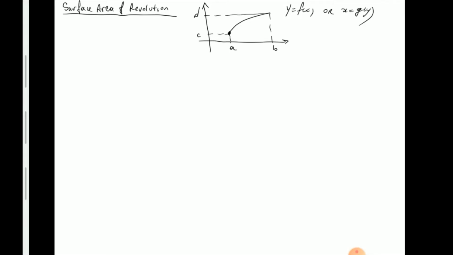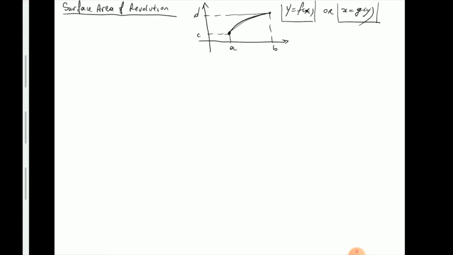I want to point out that this is very related to the arc length that we learned before. So take a moment to sketch this graph. Suppose this is the graph of a function, which let's assume you can write either as a function of x, y equals f of x, or as a function of y if you're able to solve for x and write it as a function of y.